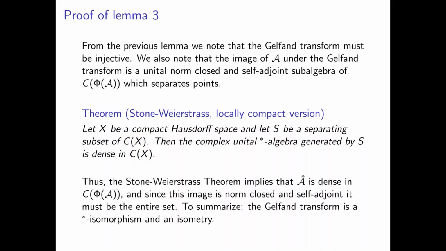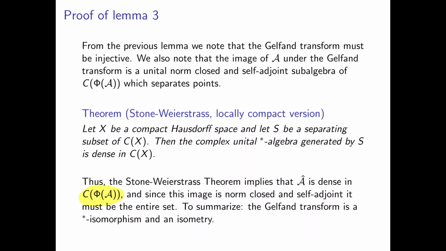Well, this theorem implies that the image of A under the Gelfand transform is dense in this algebra here. That is because the image of this set is actually a unital star algebra because of everything we noted before. And it's a complex unital star algebra as well. And moreover, it is a Banach algebra. It's actually a C-star algebra. And thus, since it's dense and it's a C-star algebra, that means it must be a complete algebra. And all these complete algebras, if they're dense, then they must contain every point in the algebra.